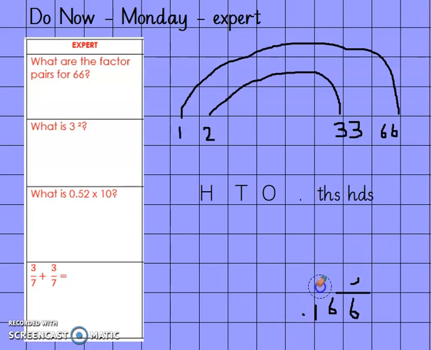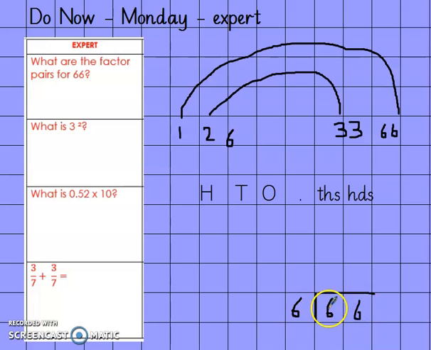Now 6 goes into this number as well. So some of you might already know how many times 6 goes into this number. And if you do, that's great, you can put it there straight away. But for now I'm going to put 6 here. And again, I'm going to do the bus stop method, just in case I'm unsure. 66.